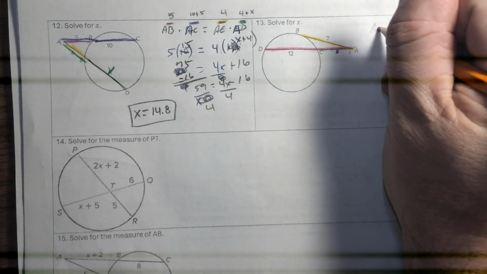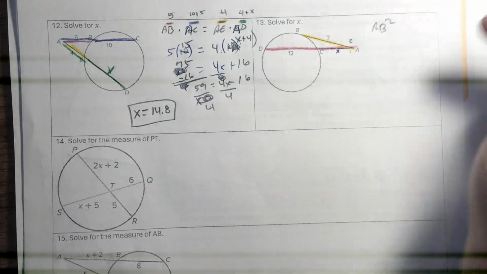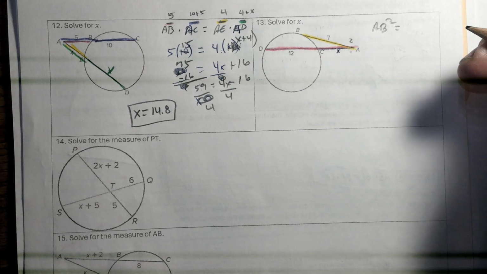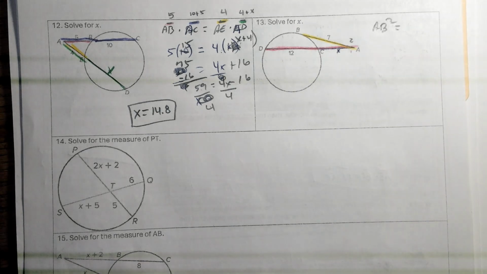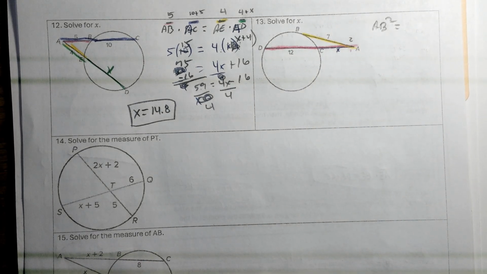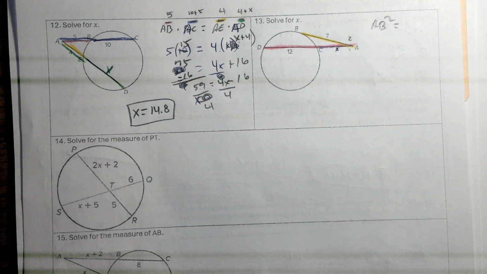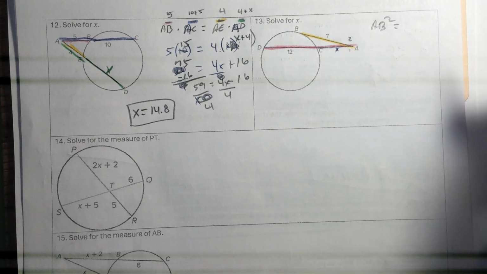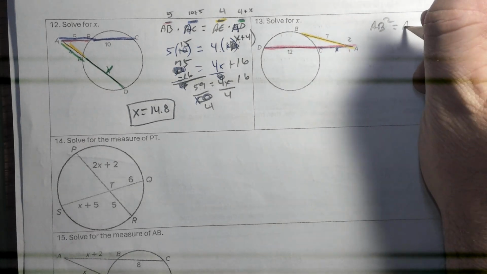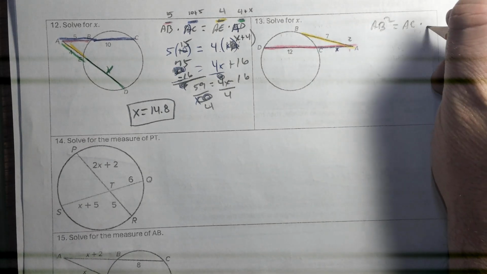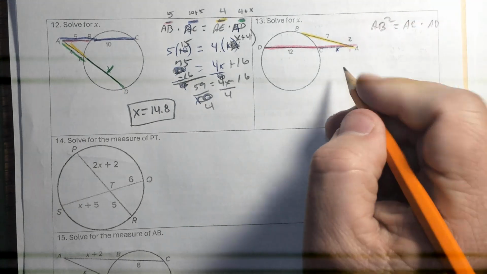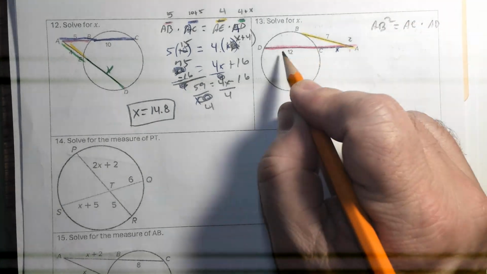So AB squared, see this guy squared, equals, hang on one second. Okay. So AB squared is going to be equal to AC times AD. So this piece times this piece.